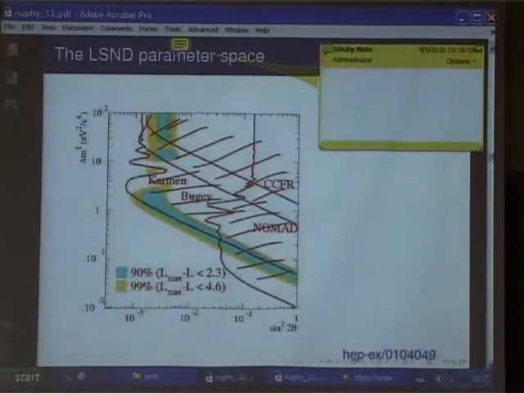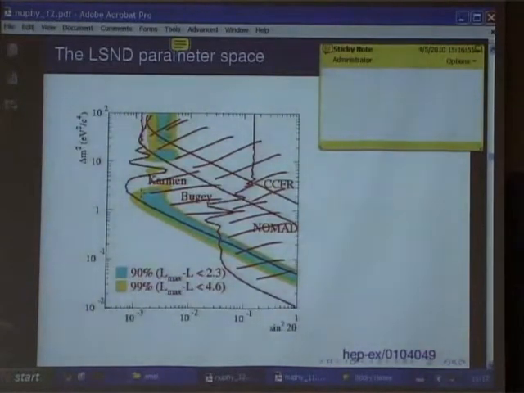But still we had this small sliver of LSND. So in some sense, most of the region given by LSND was in contradiction with some other experiments, with NOMAD, CDHS and KARMEN.